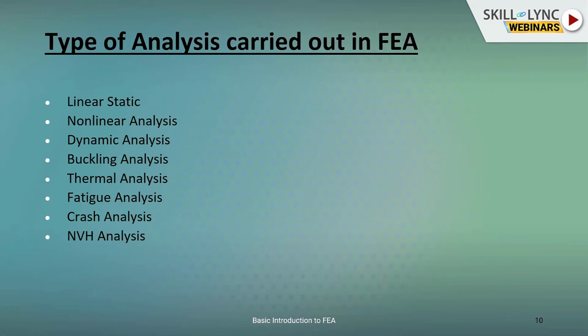We have to specify the material behavior once it crosses the yield point. That behavior we have to define when we say nonlinear material properties. We have to specify plastic strain and yield strength for nonlinear analysis.